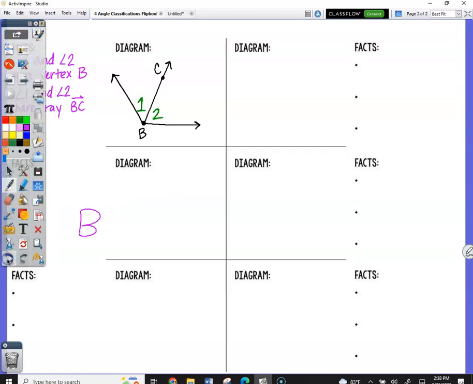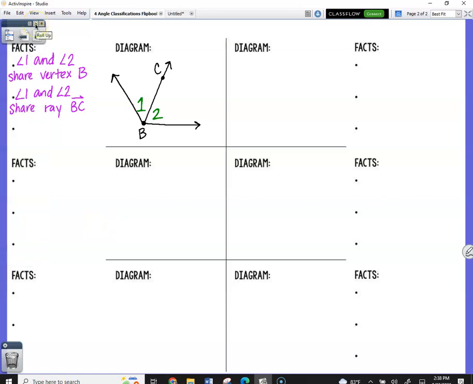So the point of this is to show you the vocab word adjacent angles. Adjacent means side by side. And there are facts here. Adjacent angles will have the same vertex.